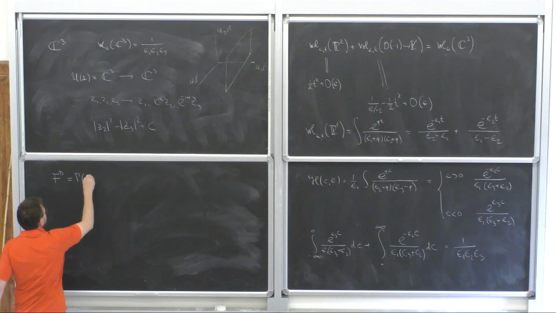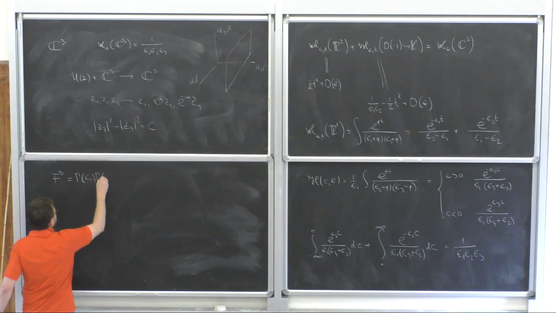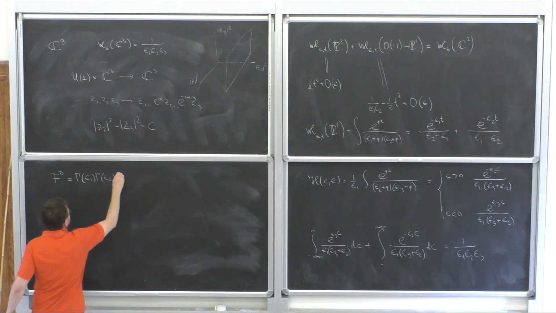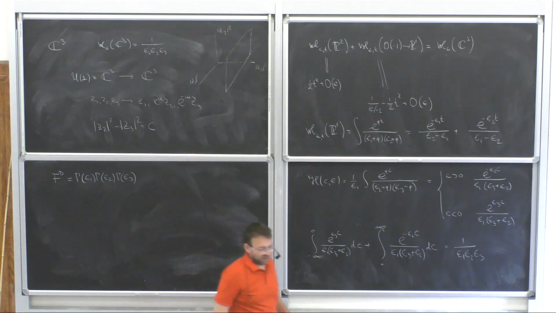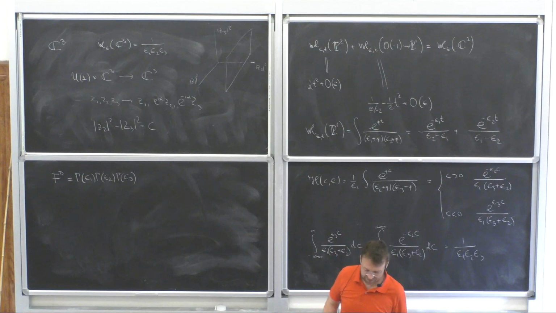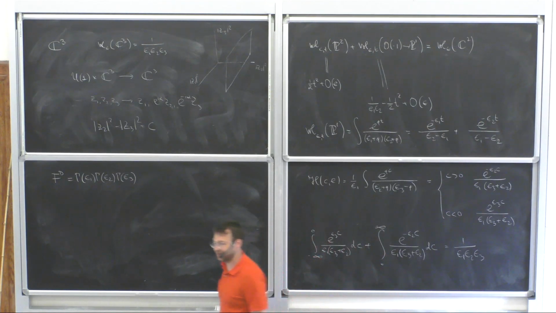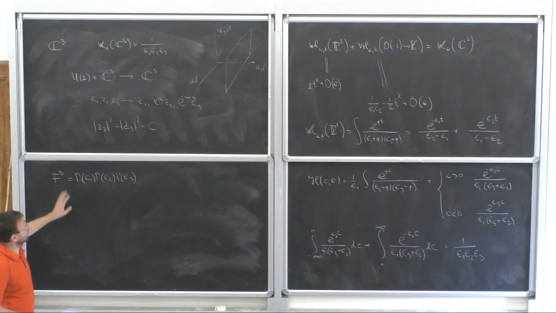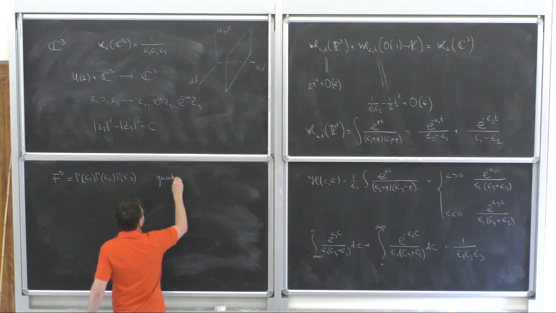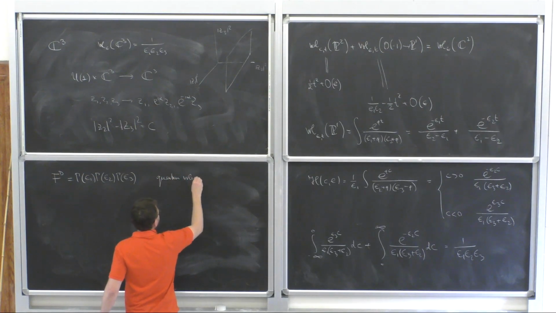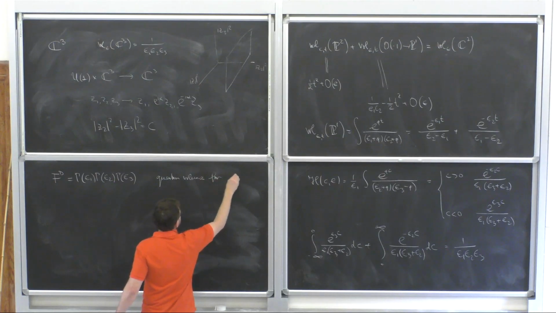It's a gamma function of epsilon 1, gamma function of epsilon 2, gamma function of epsilon 3. And if anyone is interested in quasi-maps, I can privately explain why it's a good counting. It's equivalent to counting certain maps. But let me postulate it. So this would be my quantum volume for C3.